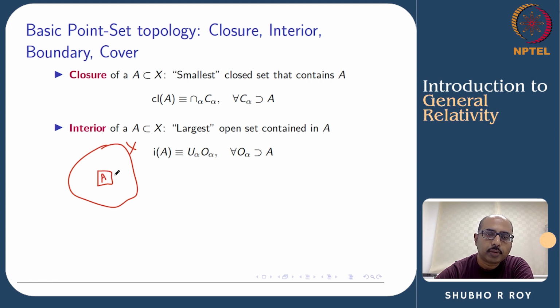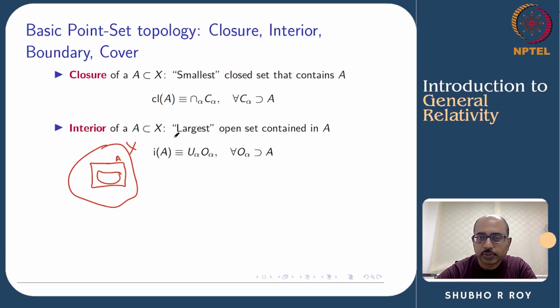Let me redraw this, a bit larger, so that will help. So this is A, which is a subset of X, and we can find the largest open set which is contained inside A. This largest open set contained inside A is called the interior.